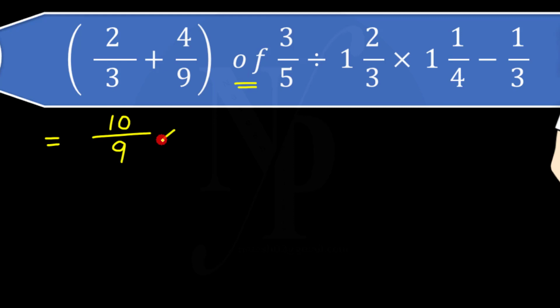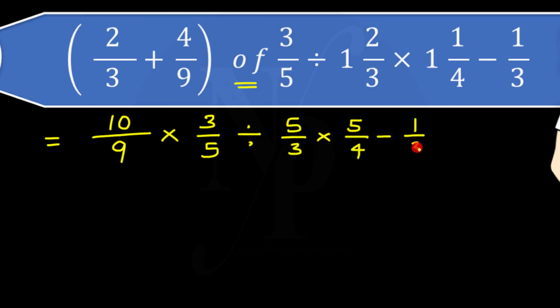So I put into sign here and write 3 by 5 divided by, converting this mixed fraction into improper fraction. So I get 3 plus 2, 5 by 3 into 4 plus 1, 5 by 4 minus 1 by 3. So brackets are removed here. In the next stage of simplification, we should perform division.